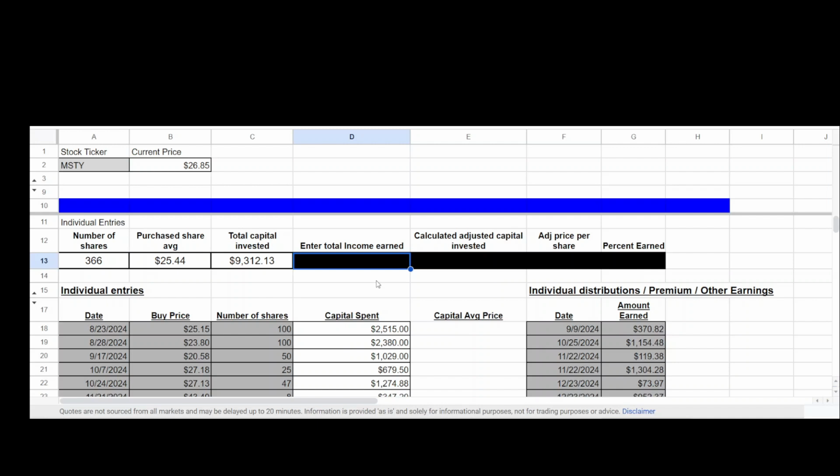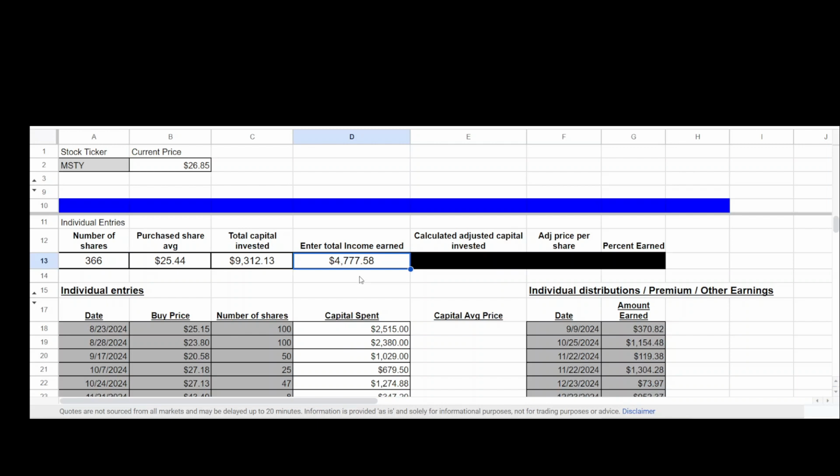This is distributions only because I have not done any kind of option plays with these yet. And if I do decide to do that, I can tell you that probably MSTY might be one of those. So stay tuned for that in the coming weeks. But my total income that I have earned so far is $4,777.58. Very nice. Very, very nice.